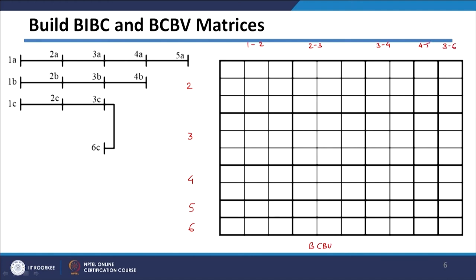So, in this case we need to copy the row. In the case of the BCBV matrix, we need to put the impedances. Here the impedance matrix, first we will start with 1 and 2, since it is connected to 2.